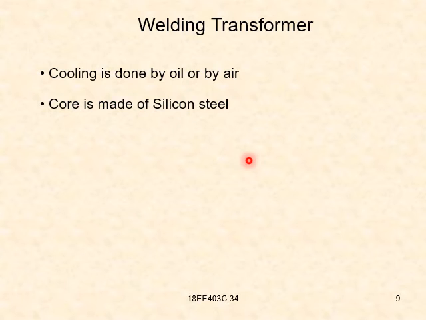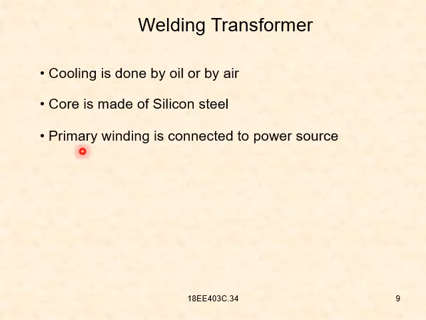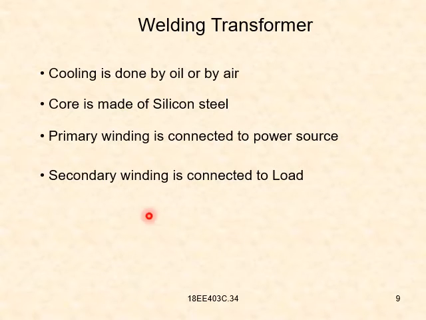The core is made of silicon steel or CRGO. The primary winding is connected to the power source and acts as the input to the welding transformer. The secondary winding is connected to the load, wherever the welding job is done.